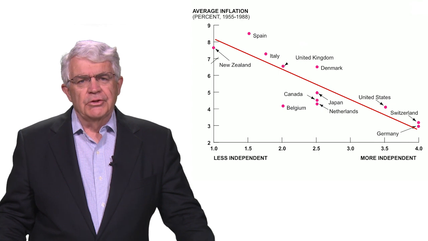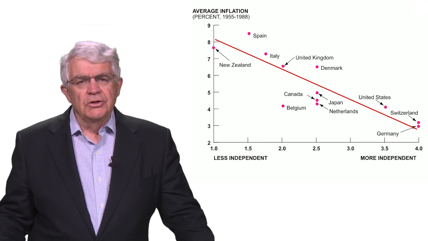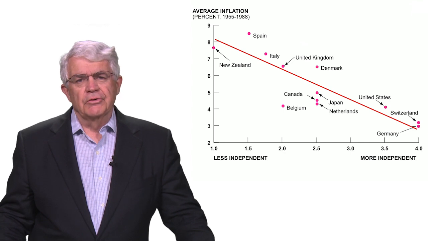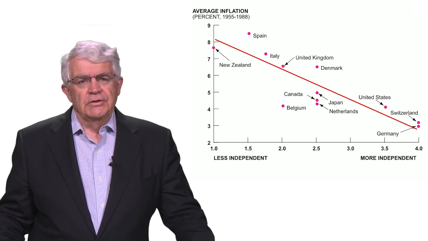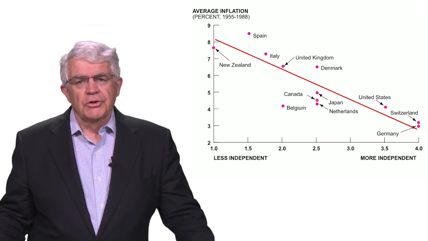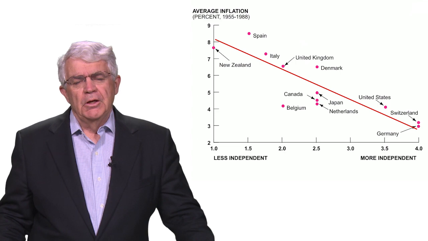Another example is the United Kingdom, which was up in the direction of less independence and higher inflation. They too gave the Bank of England, the central bank for the UK, independence, and as a result, inflation came down dramatically, and it's now in the area over where Switzerland and Germany are.